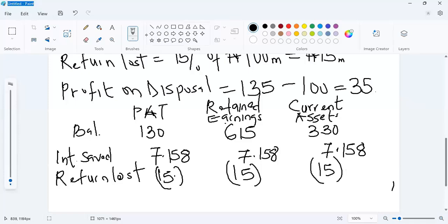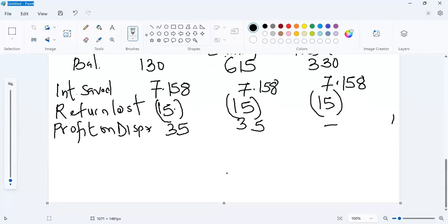Next, profit on disposal. This will increase my profits and my retained earnings. This will not affect my current asset because all the cash has been used to repay debt.